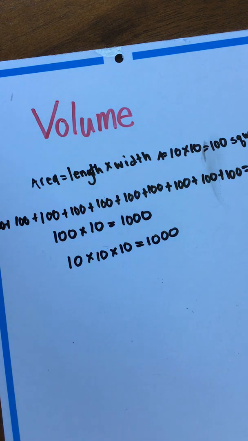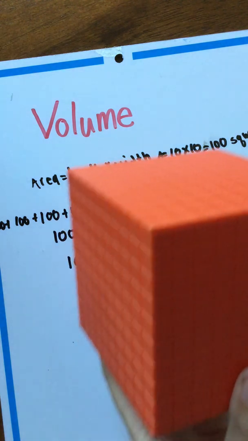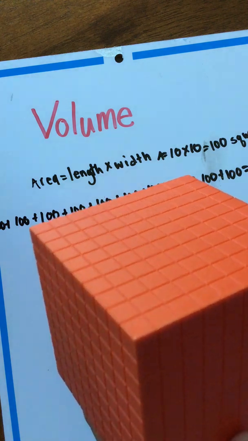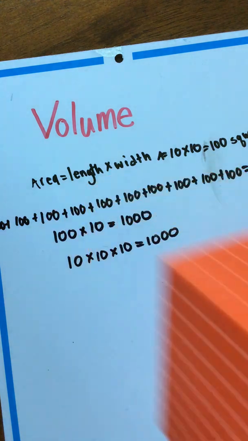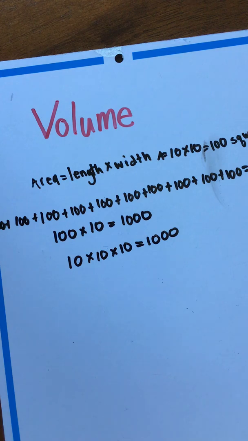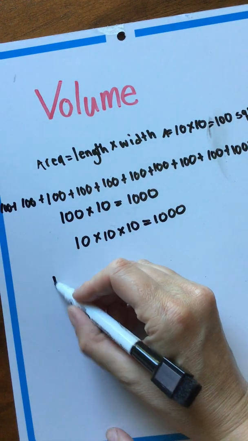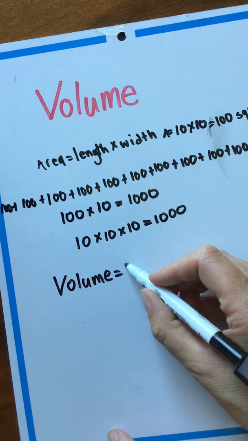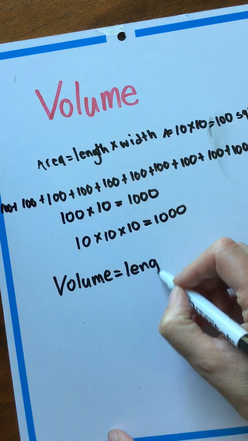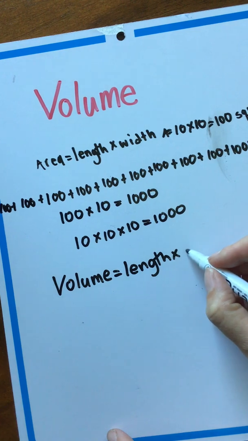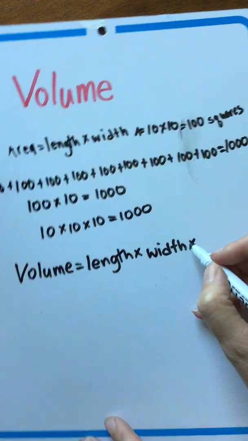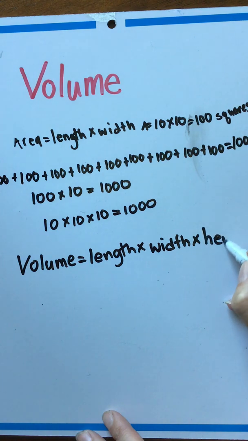Okay, which is the length times the width times the height of this cube. So volume, the sneaky way of figuring out volume, is the length times the width times the height.